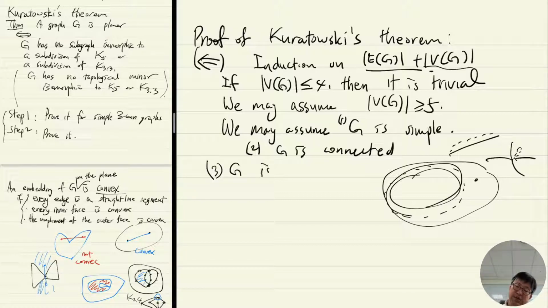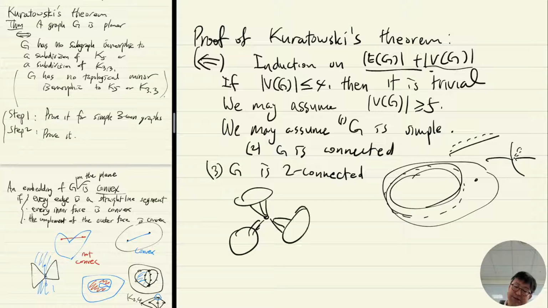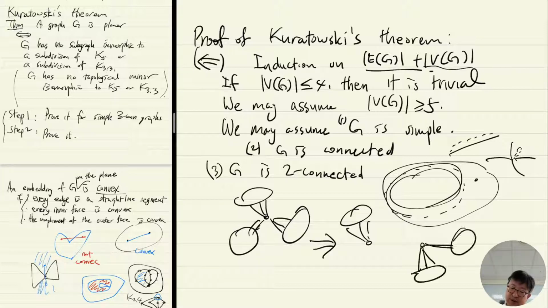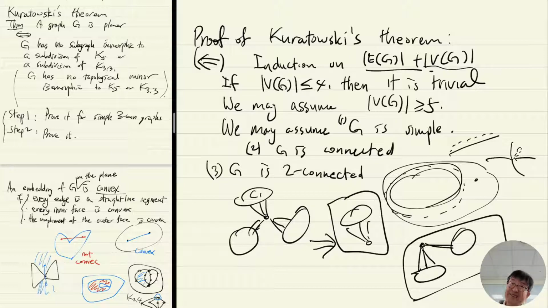And I can assume the graph is 2-connected. Why? If I have a cut vertex, what do we do? We apply induction to everything. So if I have things like this, I take out one component, so that's the first graph, and then the rest of the components.